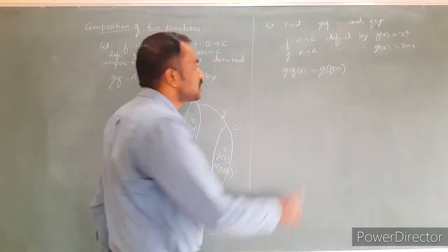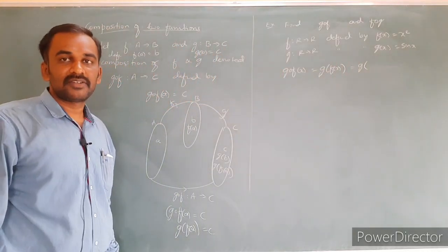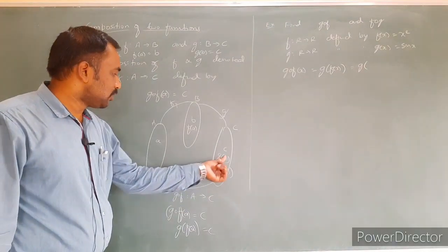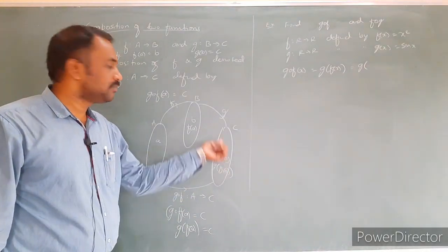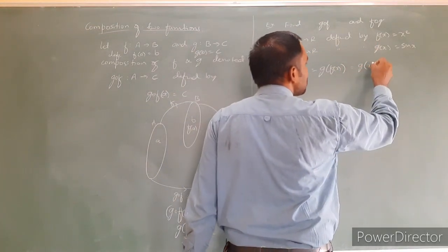Now replace as it is. Just replace the inside value. First of all, replace the F of X value. Here F of A value is B, then G of B value is C. In the same way, what is the F of X value? X square.